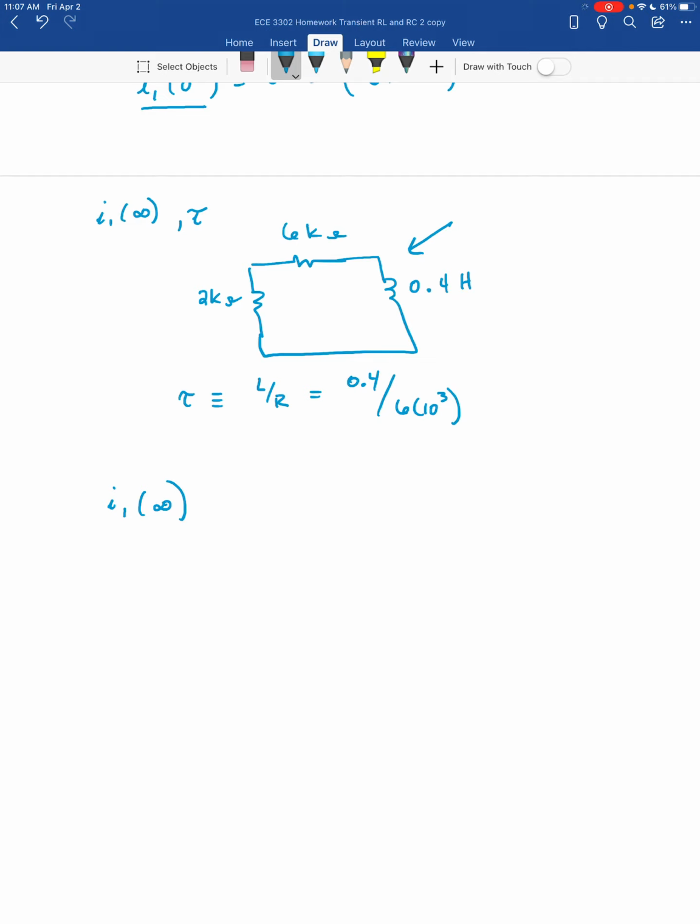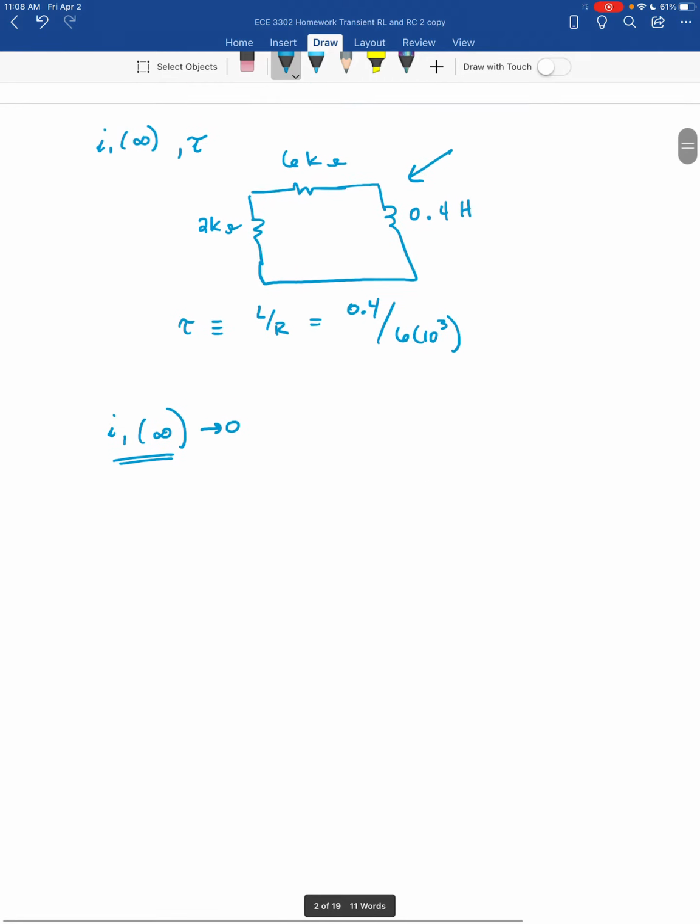Well, if you look at this circuit, the current at infinity will go to 0. So as the current goes to 0, basically at infinity your value goes to 0. So now we can actually solve for I1 of t.